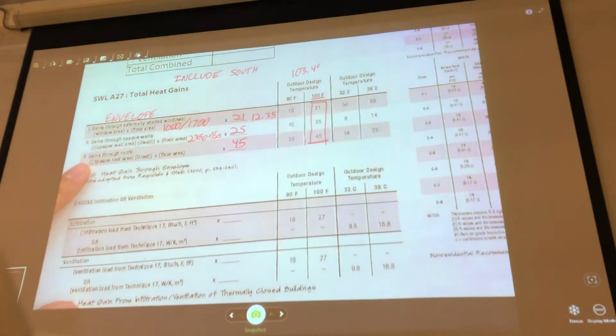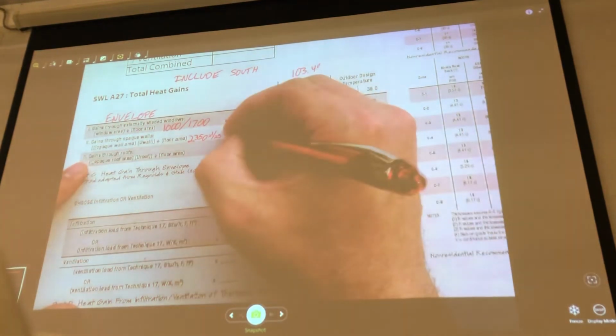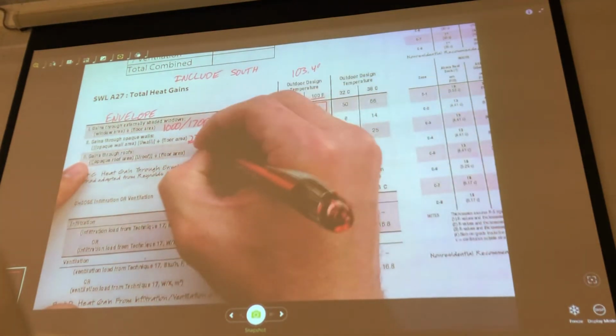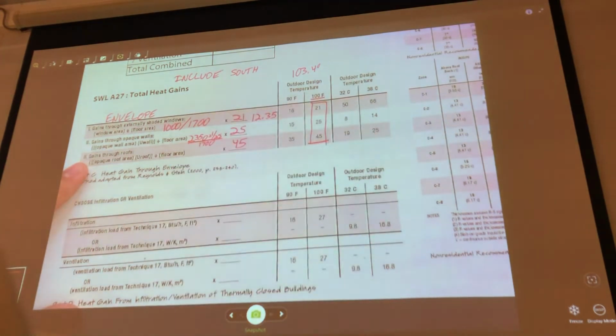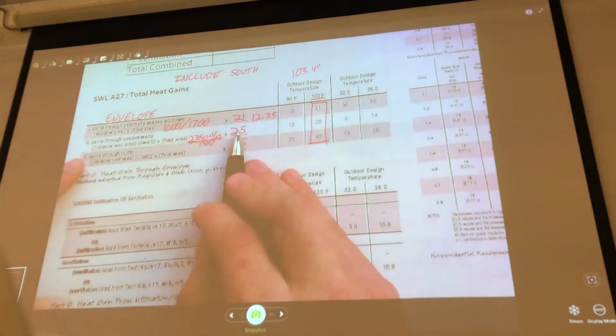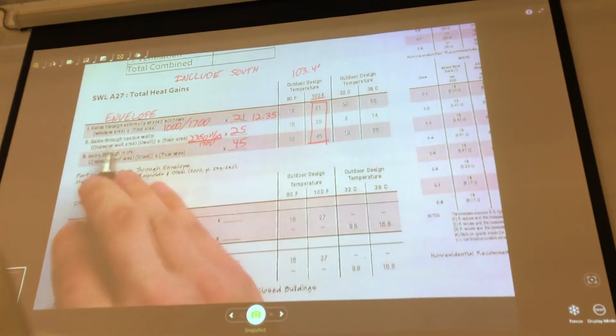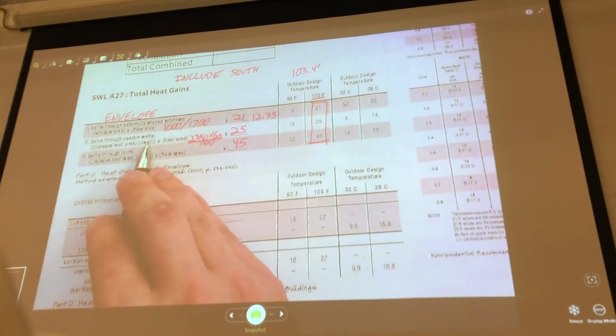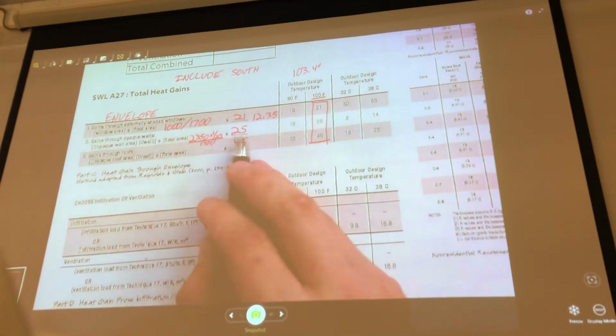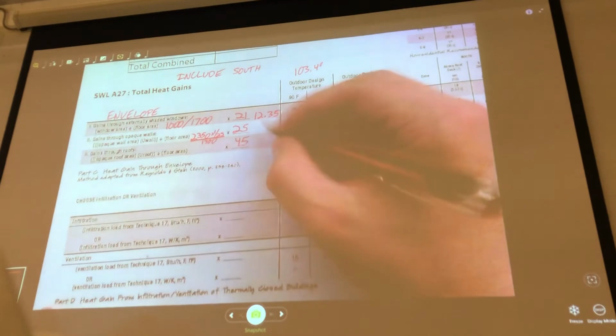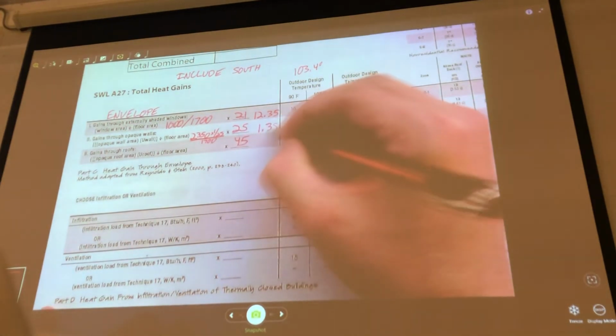That's my U value, 0.04. We're going to divide that by 1,700 and then multiply by 25. Just follow it out. 2,350 times 1 over 25, 0.04, divided by 1,700 times 25. That gives me 1.38.